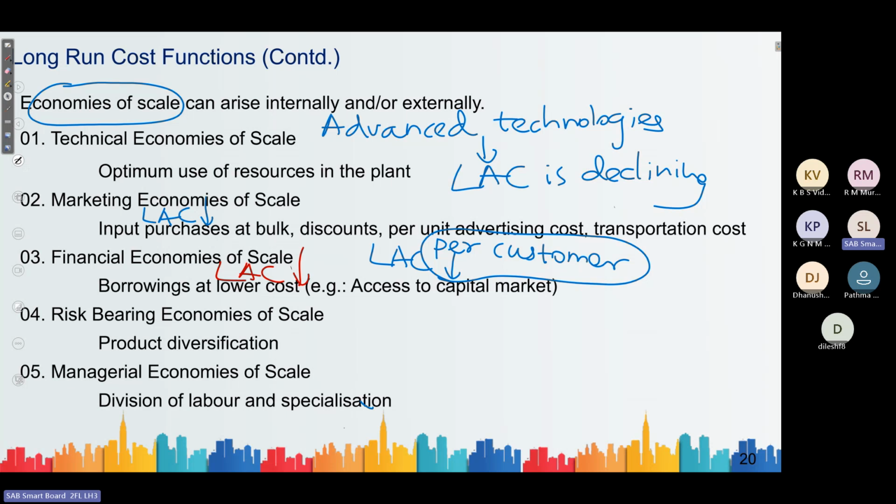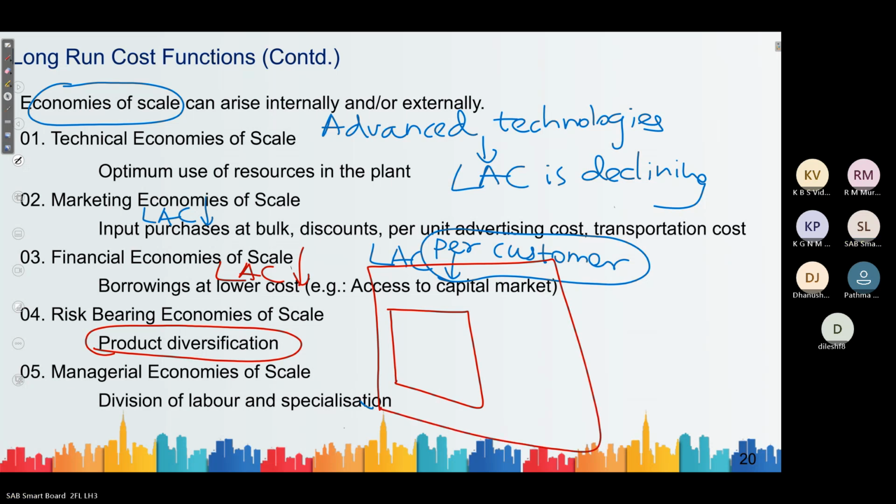At the same time, when the scale is large, they can diversify their products. For example, if it is a coconut farm, when expanding its output, when expanding its scale, now they can produce a byproduct like canned coconut drink.